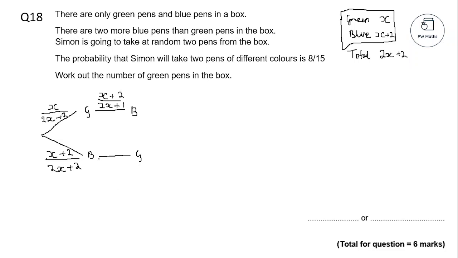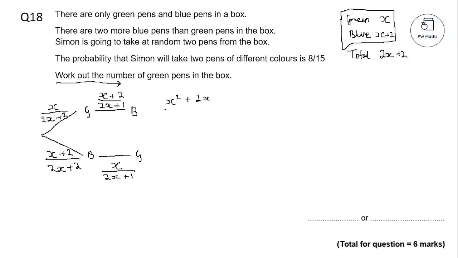Once again, if I take a blue pen first of all, it doesn't affect how many green pens are in the box, but it does affect how many are in the box in total, 2x plus 1. We now need to remember, when we are going across the page with probability trees, we times the fractions. X times x, x squared, x times 2, plus 2x.